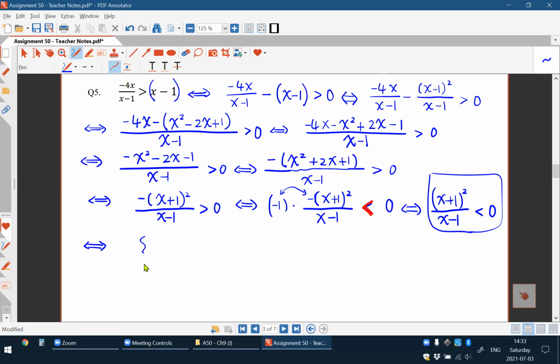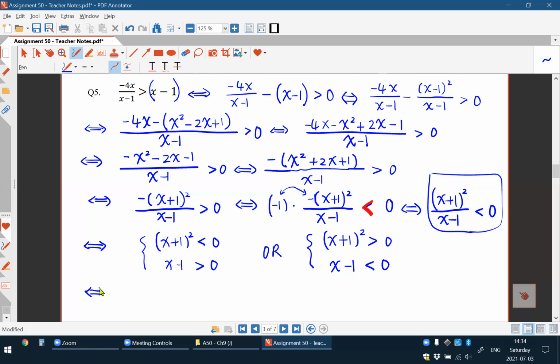Either the numerator is below 0 and the denominator is above 0, so a negative number divided by a positive number gives us a negative ratio. Or we can also have a positive numerator and a negative denominator, which also gives us a negative number, right?